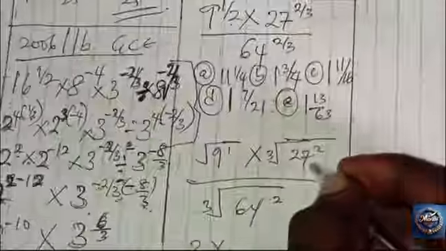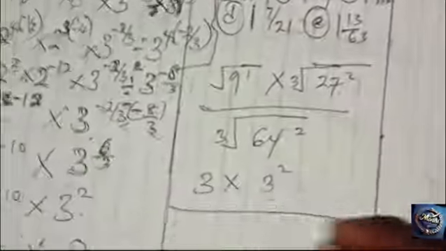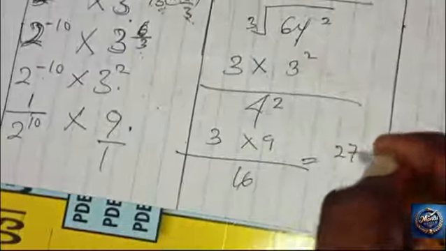What is the square root of 9? 3, times the third root of 27 is 3, raised to power 2, all over the third root of 64 is 4 raised to the power of 2. So what we have here is 3 times 9 all over 16, which is equal to 27 all over 16.